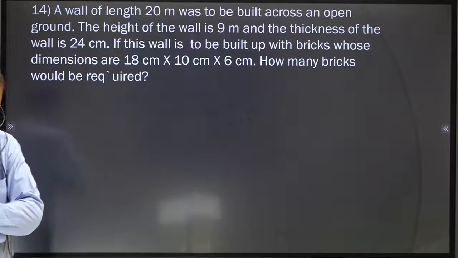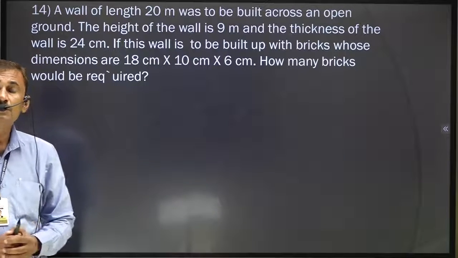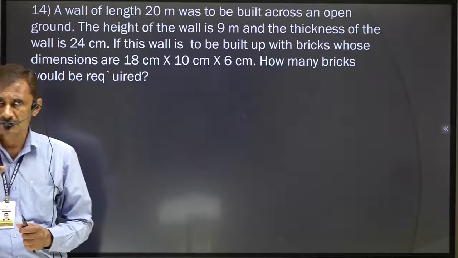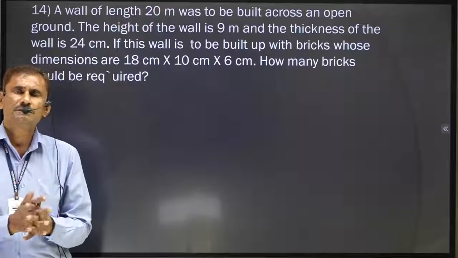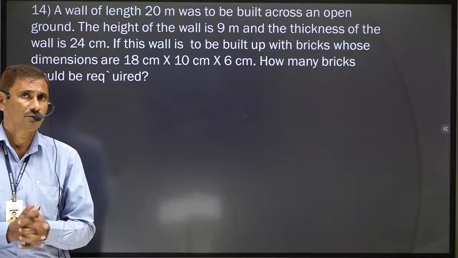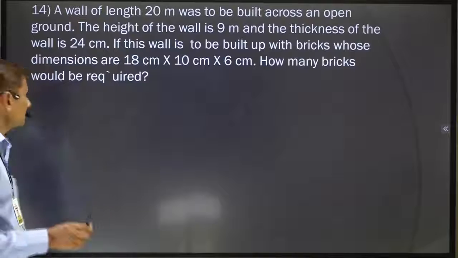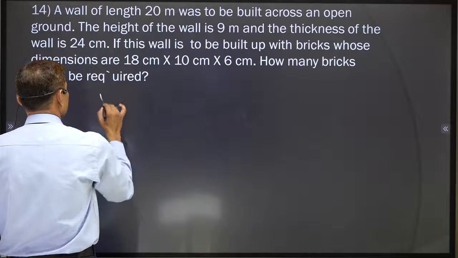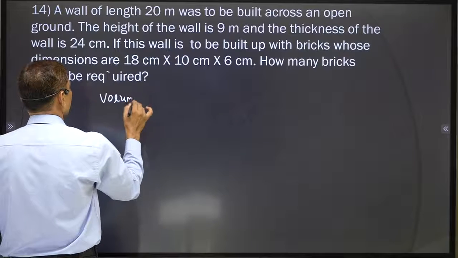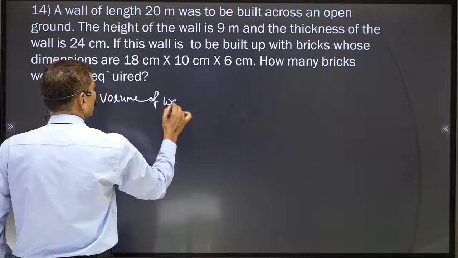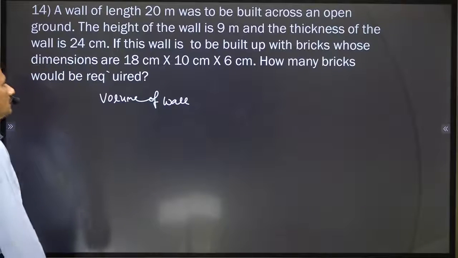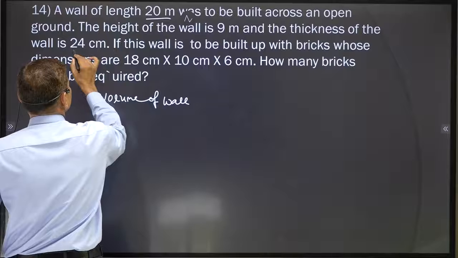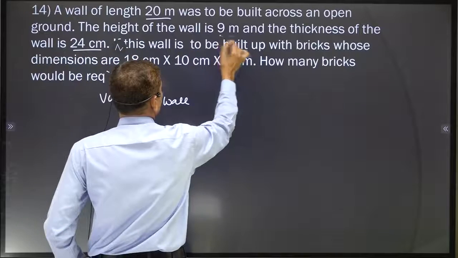So here also, first of all find the volume of the wall and then the volume of each brick, one brick. Then you just divide so that you can find the number of bricks. It's very simple. So very fast we find the volume of both. First of all, the volume of the wall. Now again, everywhere it is meter here, centimeter here, meter here.